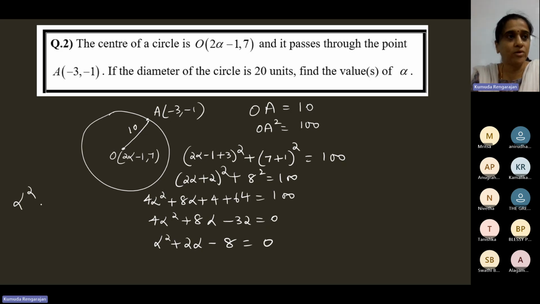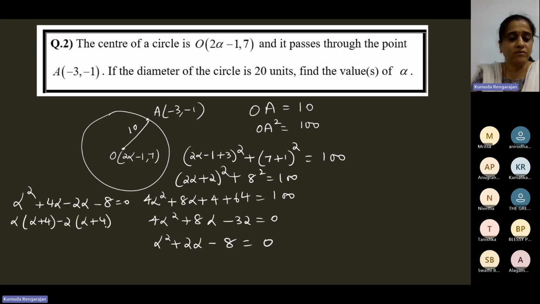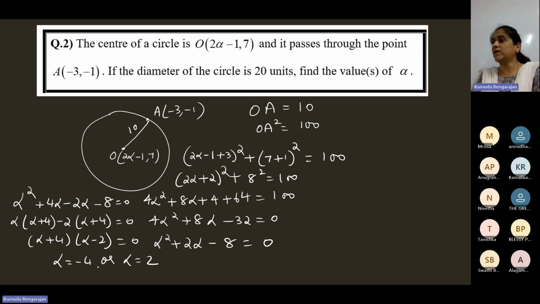So plus 4 alpha minus 2 alpha, minus 8 is equal to 0. So alpha into alpha plus 4, minus 2 into alpha plus 4, is equal to 0. So alpha plus 4 into alpha minus 2 is equal to 0. Alpha is equal to minus 4 or alpha is equal to 2. So these are the values of alpha.